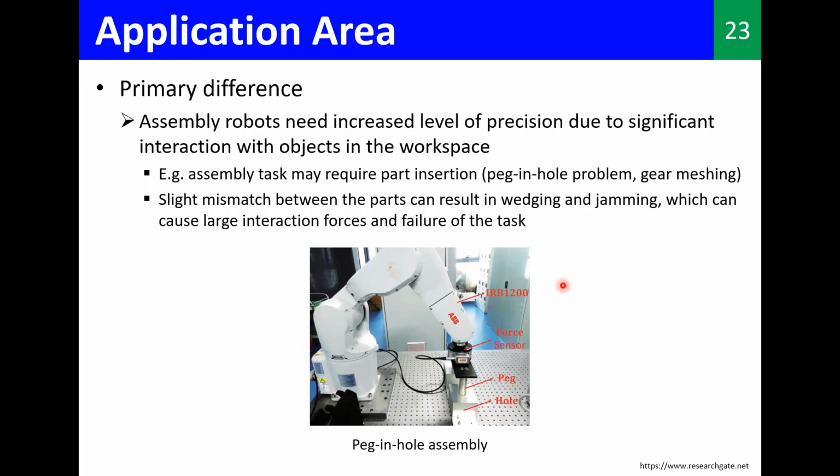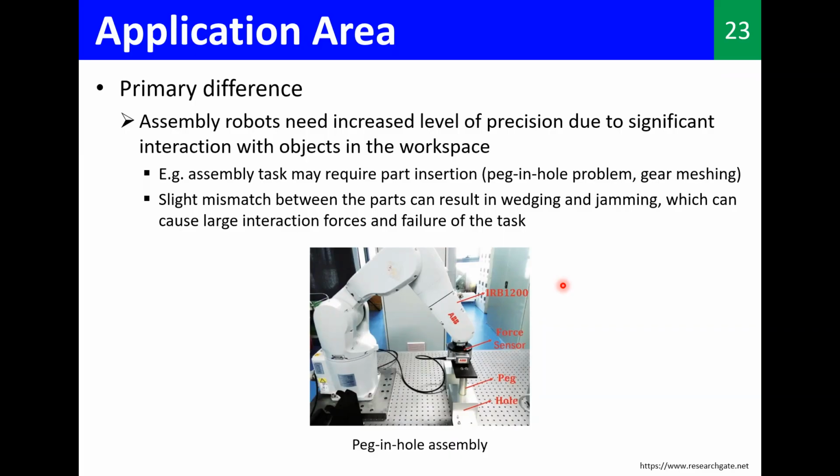Okay, so for assembly tasks like peg in hole assemblies or gear meshing, we need increased precision. So for that we use assembly robots. Even the slightest mismatch between the parts can actually lead to jamming, right? So when that happens, there will be a large interaction force and failure can occur.